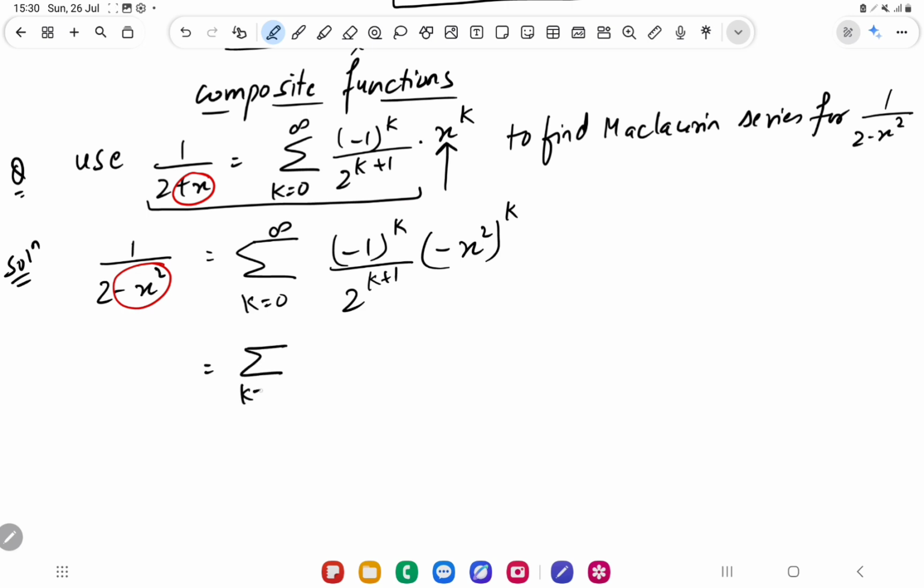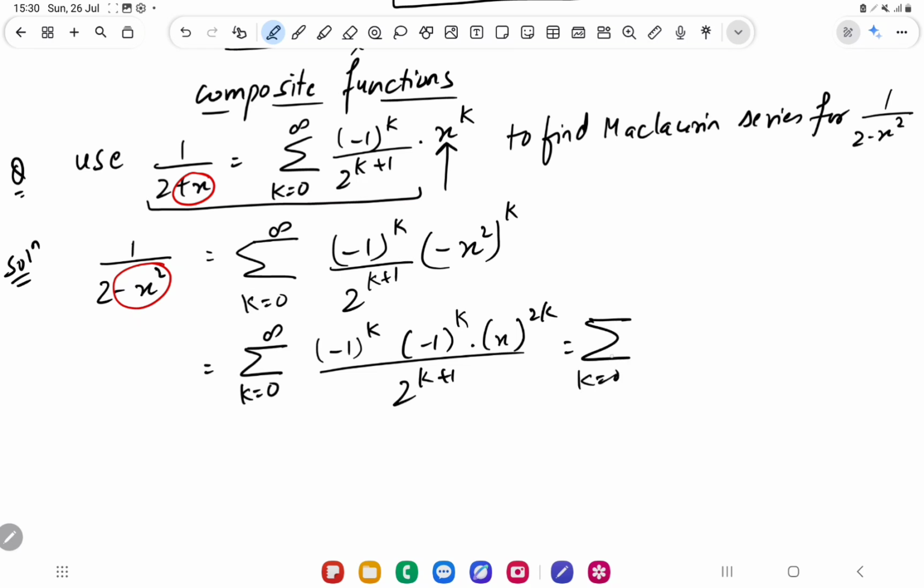So if I simplify, it will be minus 1 to the power k, and this I can write as minus 1 to the power k multiplied by x to the power k upon 2 to the power k plus 1, which will further give me my answer as minus 1 to the power 2k into x to the power 2k upon 2 to the power k plus 1.